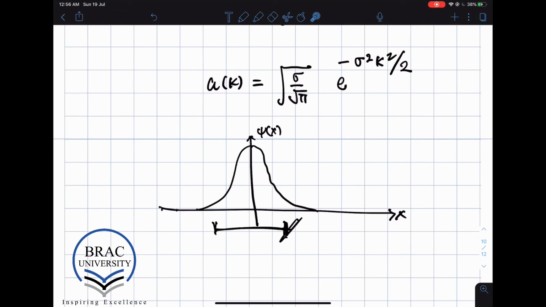On both sides we can define it like that. If we do this, then the width is going to be given by sigma.